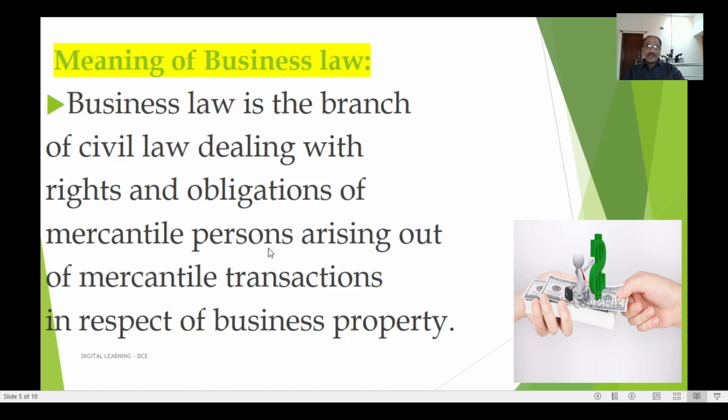What are the legal rights of business people, and not only the rights, but also what are their obligations, are all mentioned in the subject of business law, for mercantile persons arising out of mercantile transactions, at the time of doing the business, in respect of business property.